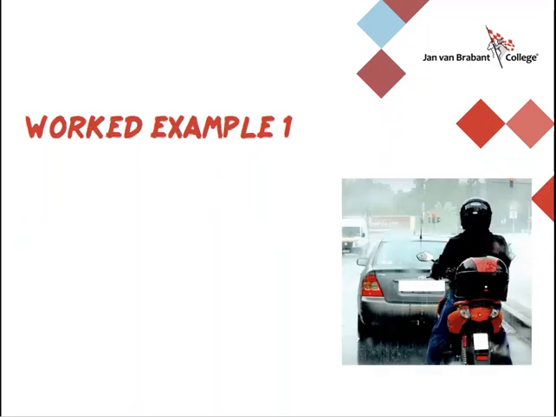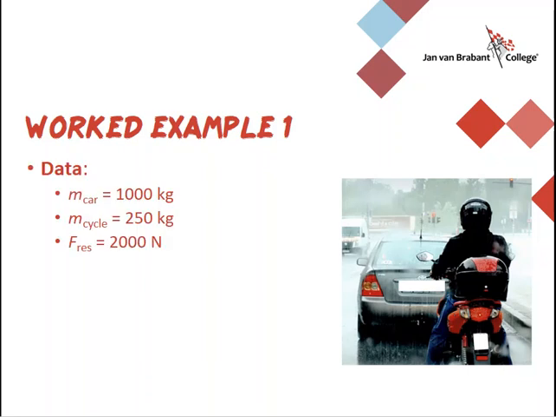In this worked example, we're going to calculate the acceleration using Newton's second law. A car and a motorcycle are waiting for the traffic light to turn green. The mass of the car is 1,000 kilograms, while the motorcycle's mass is only 250 kilograms. As soon as the traffic light turns green, both the car and the motorcycle accelerate.